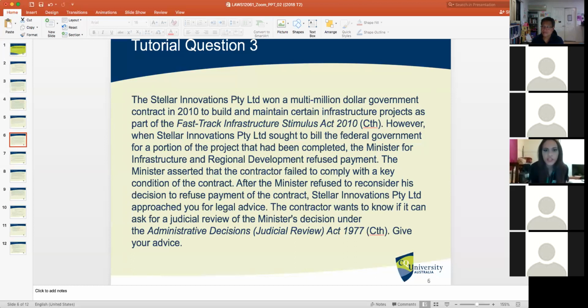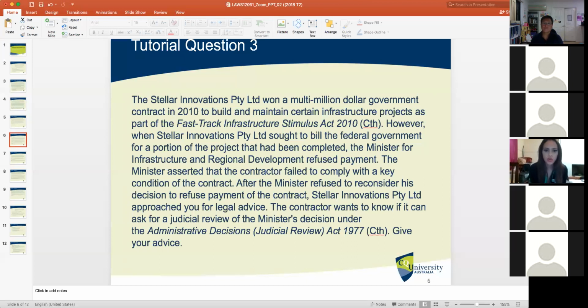Stellar Innovations won a multi-million-dollar government contract in 2010 to build and maintain certain infrastructure projects as part of the Fast-Track Infrastructure Stimulus Act 2010. However, when Stellar Innovations sought to bill the federal government for a portion of the project that had been completed, the Minister for Infrastructure and Regional Development refused payment.